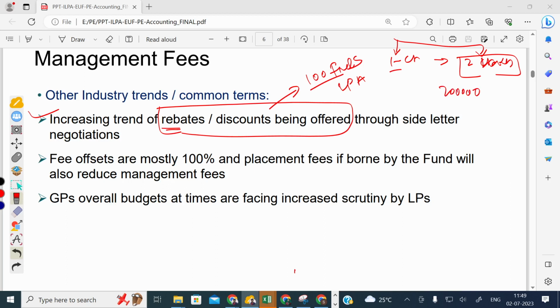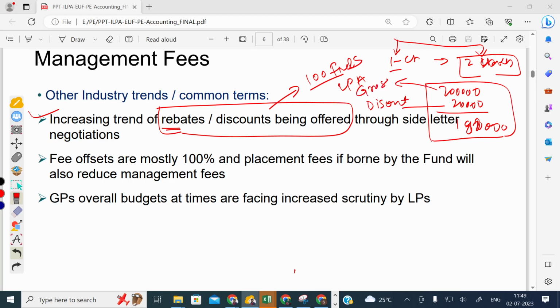So with a 10% discount, we'll offer, let's say, 20,000, and the net management fees would be 1,80,000. So in that way, the calculation works. This is something you can consider the discount, this is the gross management fees, and this is the net management fees which the fund manager has received or will receive.